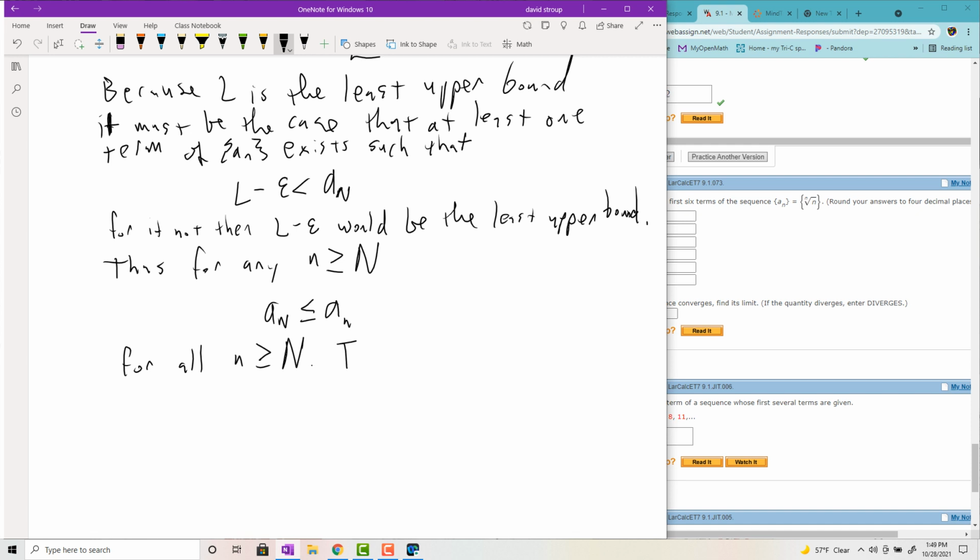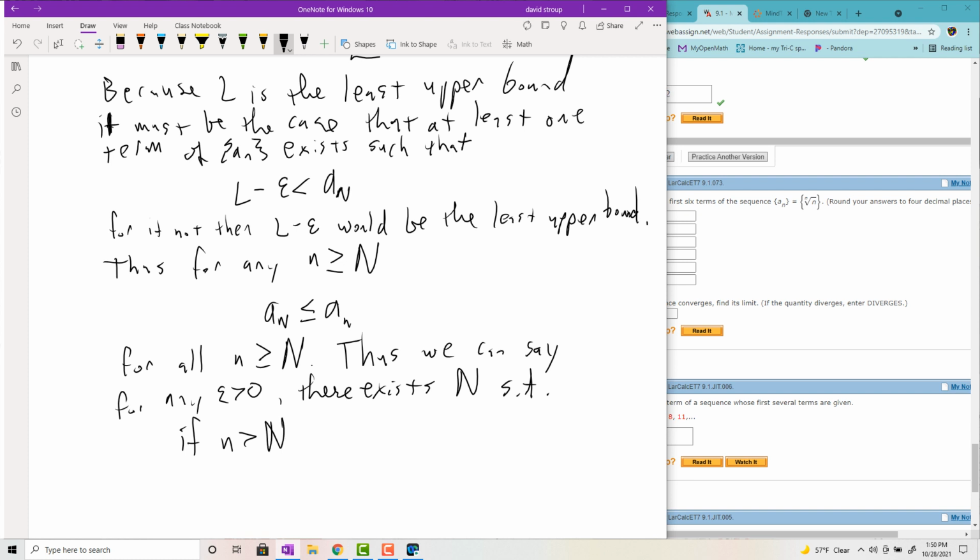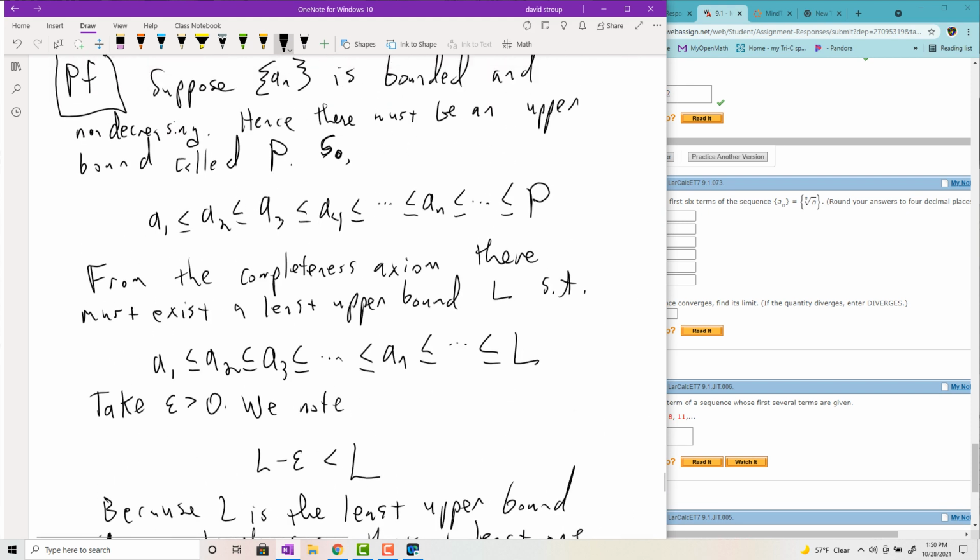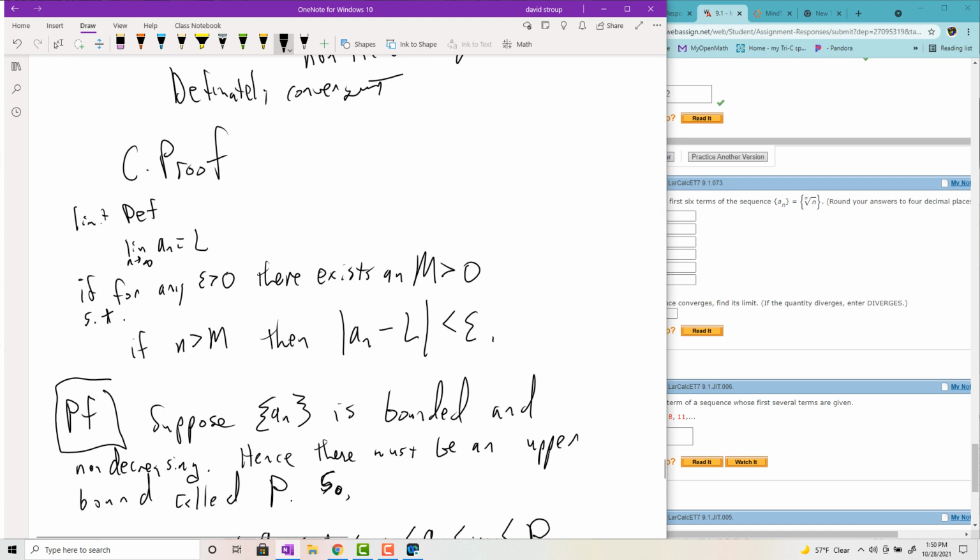Thus we could say, and here's the punchline. For any epsilon greater than 0, there exists a big N such that if little n is bigger than this big N, then the distance between a sub n and L will be less than epsilon, which is the definition of a limit, a convergent limit, right?